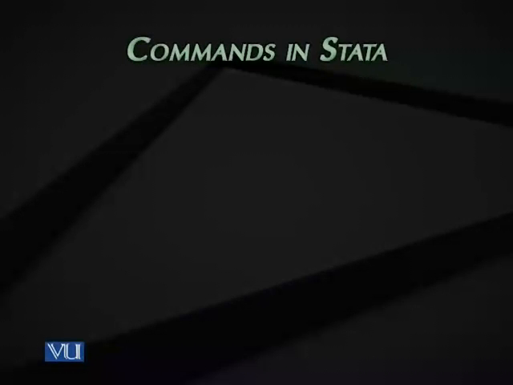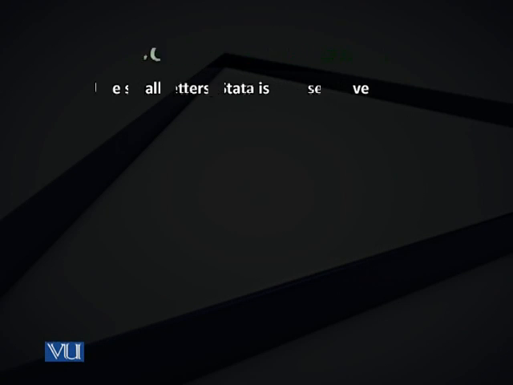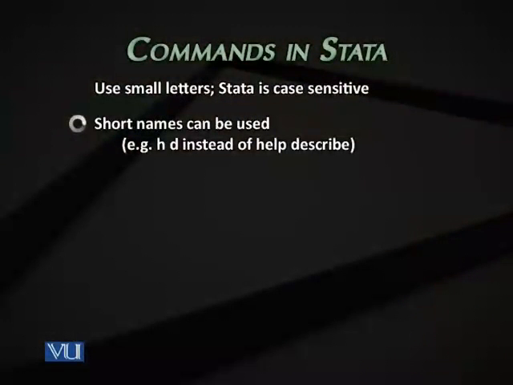Now let's speak some things about the commands in Stata. They have a special format. Remember, Stata is case sensitive. So you will always type in small English alphabets. If you type in as the first letter is capital, it wouldn't work in Stata. So remember, the commands are in small letters. All the commands are in small letters and have a special format. You can use short names for the commands.